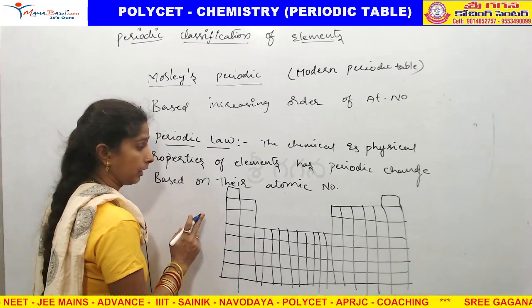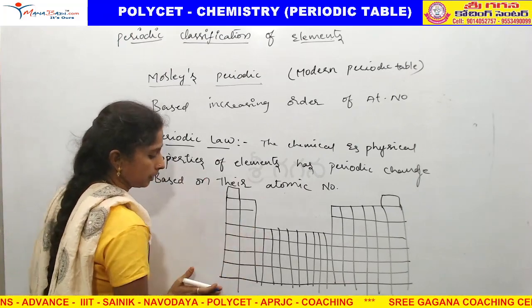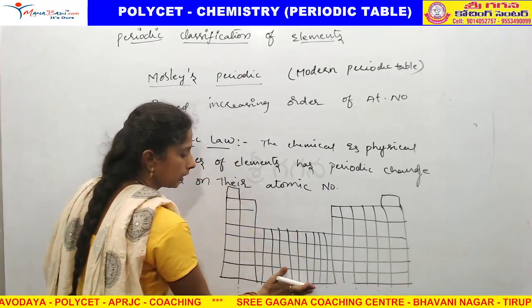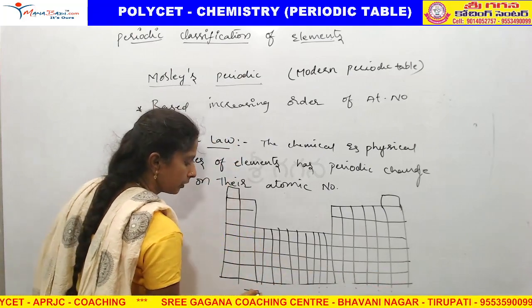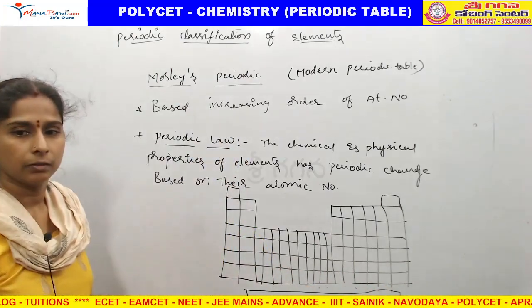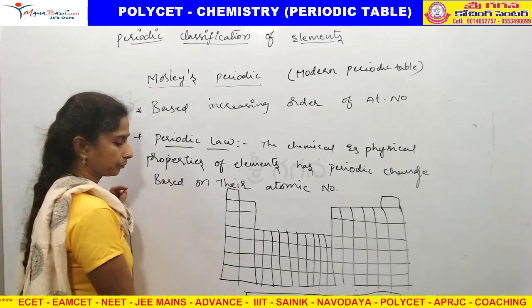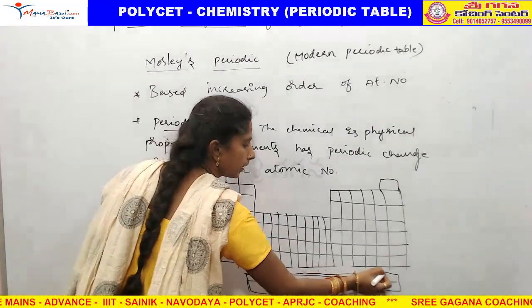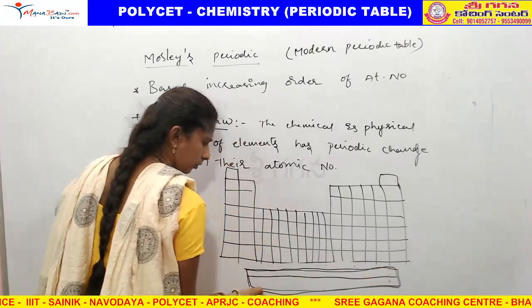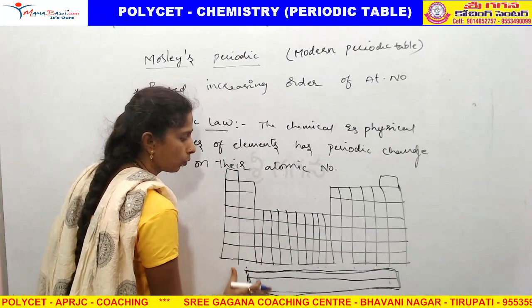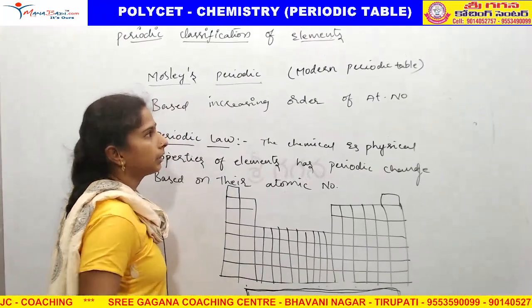We will explain after knowing the periodic table. This is the modern periodic table, and at the bottom of the periodic table, 2 more rows are there. These 2 are separated. Why they are separated, all that we will discuss. This is the whole modern periodic table.